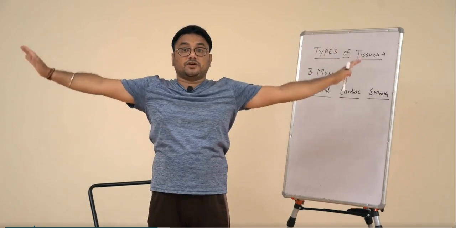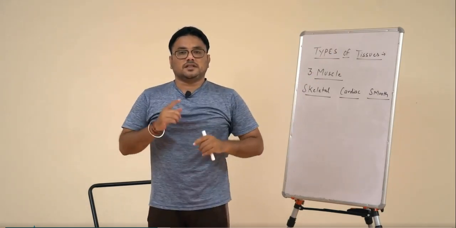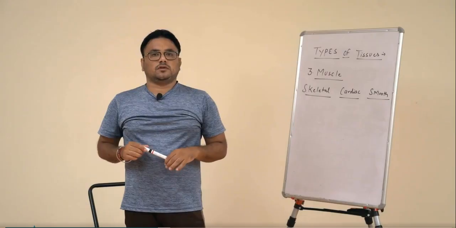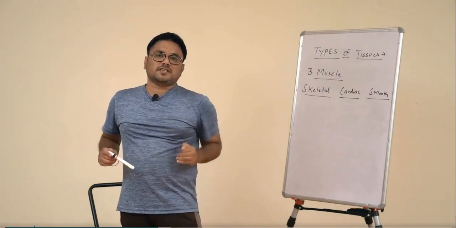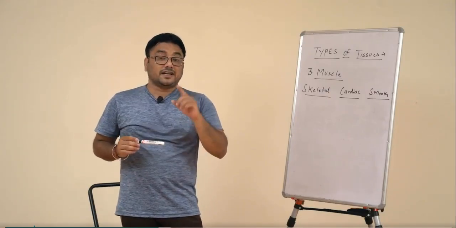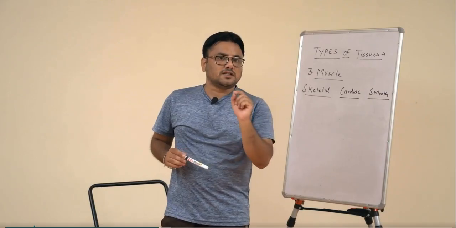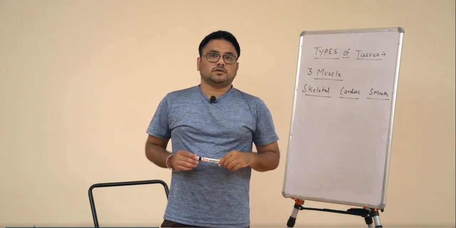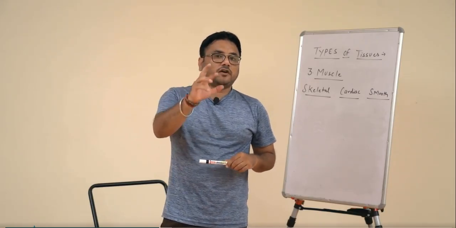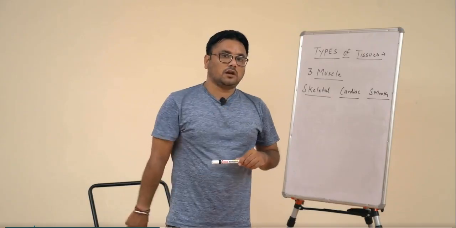Dropping my shoulders sideways is under my control. So now you can correlate that skeletal muscles are voluntary in control. You can move these muscles according to your own will.